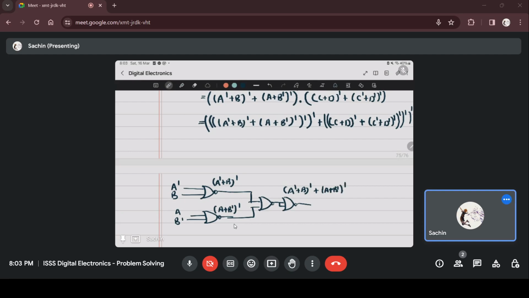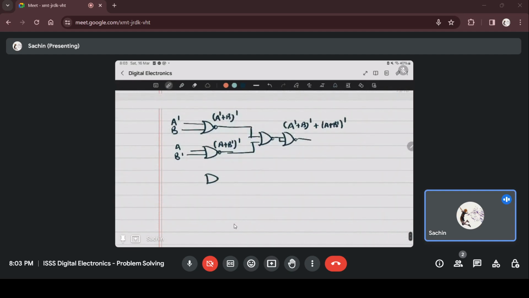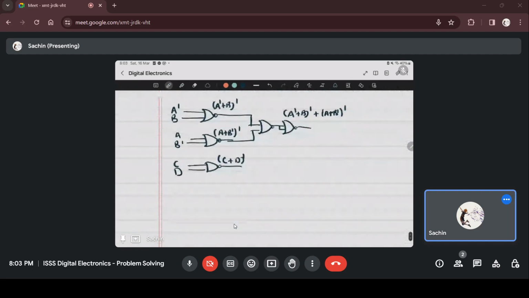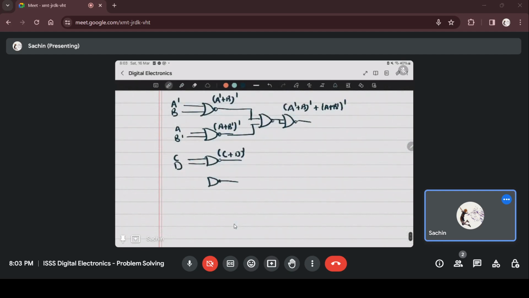And then you have (c + d)', (c' + d')', and the prime of those two.